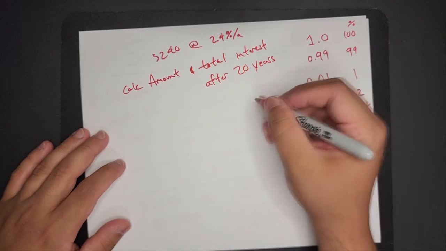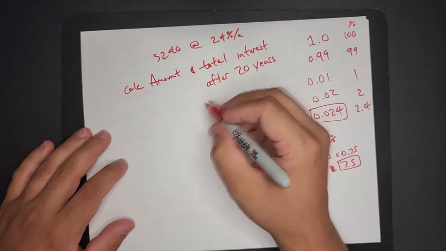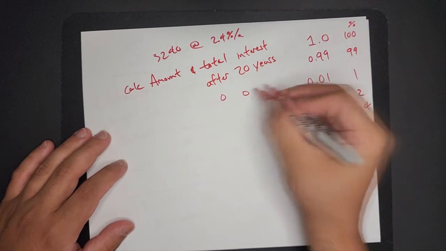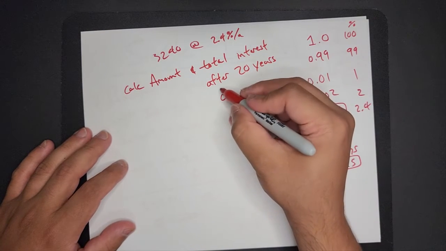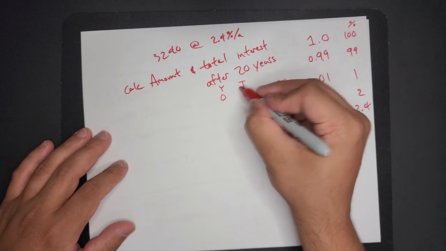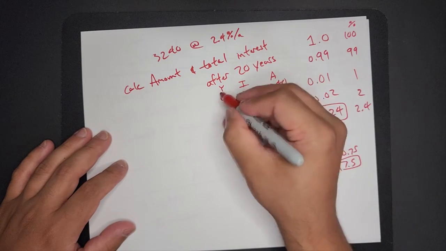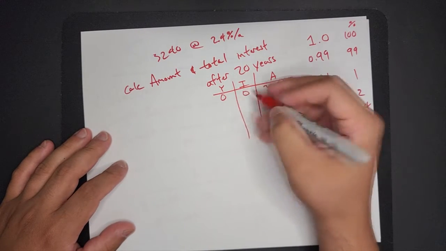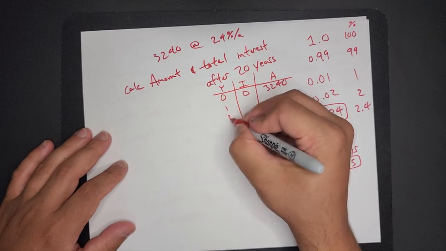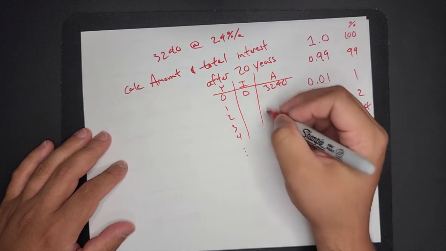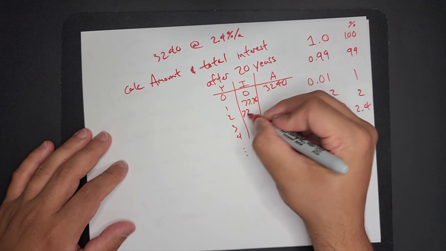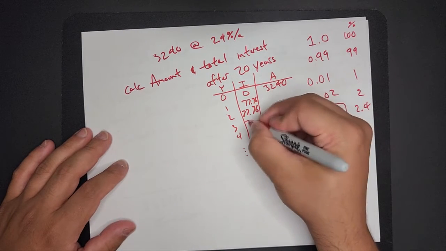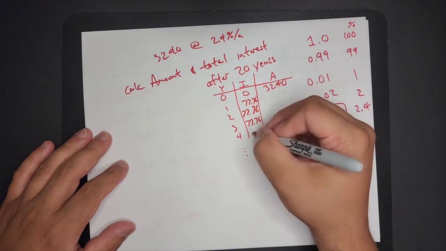You could actually do it the hard way. 0, 3240. This is the year, this is the interest, this is the amount. 1, 2, 3, 4, I get every year 77.76, 77.76, 77.76.